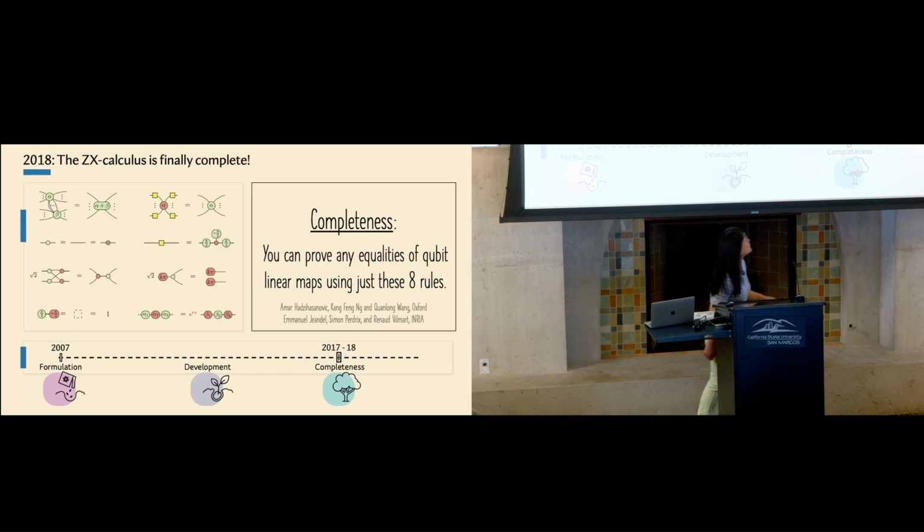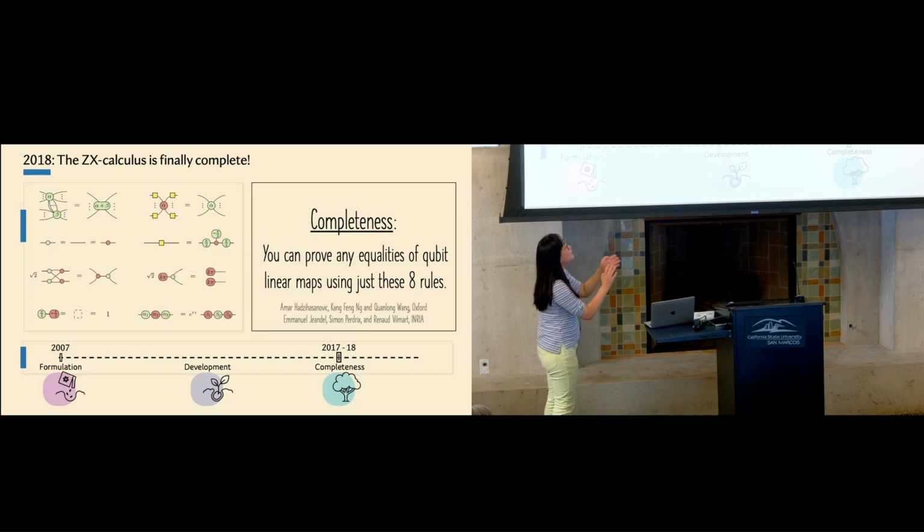And probably the big shift was in 2017 when people proved completeness, which in non-technical terms just means that for any equalities of linear maps on any qubits, there always exists a proof using just these 8 rules.